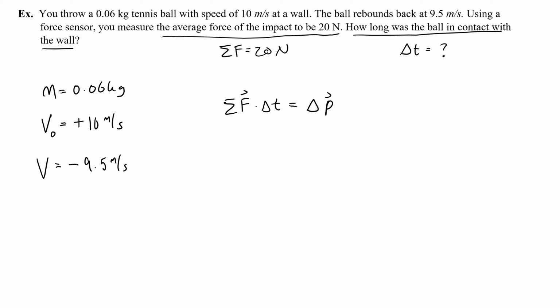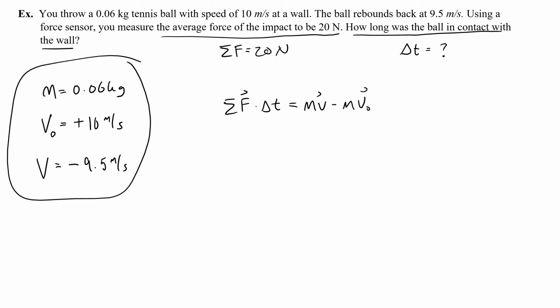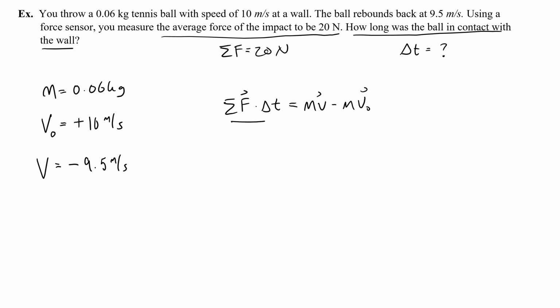And if I want to write momentum in its longer form, it's going to be mv minus mv naught. Now that's the information that I have right here. So if I want to solve for delta t, all I need to do is divide both sides by the net force. And boom, I've got my equation for the change in time. And now I can plug in my numbers and start chugging away.